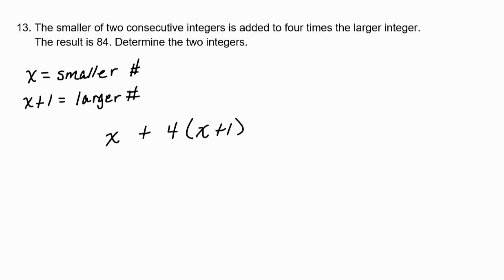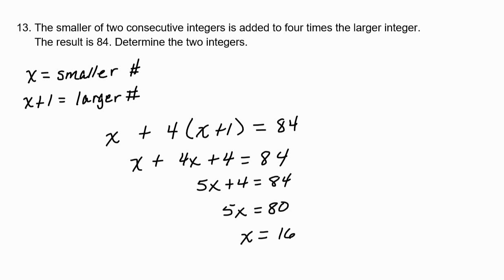This part right here is this part. 4 times the larger is added to the smaller. And the result is 64. So now it's just a matter of distributing and combining my like terms. And then I will have a basic two-step equation. So my answer is 12 and 13.